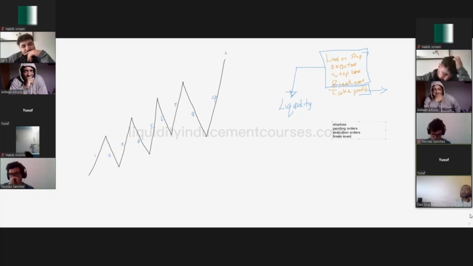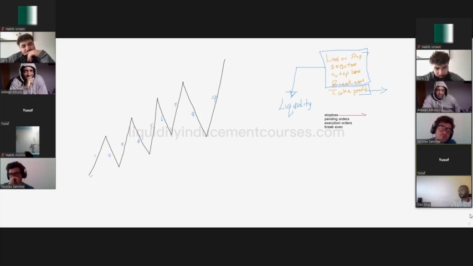Now, let's start with the stop losses. You, as a trader in the market, when you pick a trade, looking at all of these transactions, where will you put your stop loss? Under the lows. Most of the traders trading the market put it under the lows.